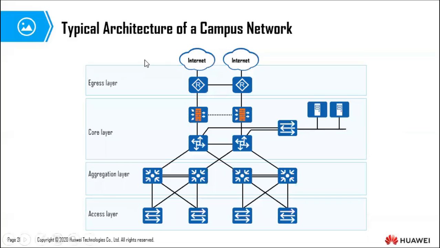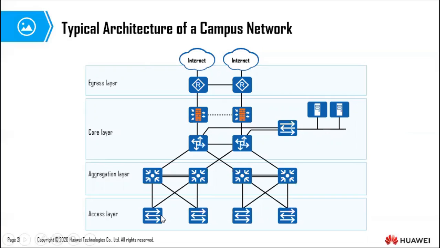So let's see how the switch works. We begin by having an overview of a typical architecture of the campus network. As we know, the campus network normally adopts a multi-layer architecture. At the very bottom, we have the access layer.